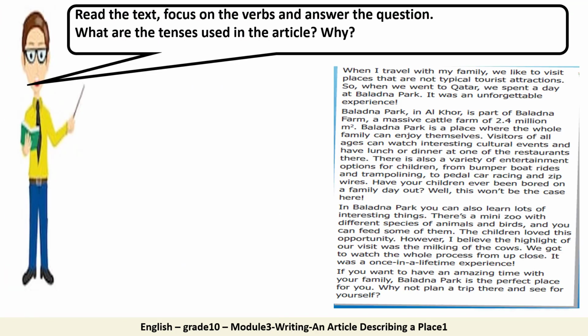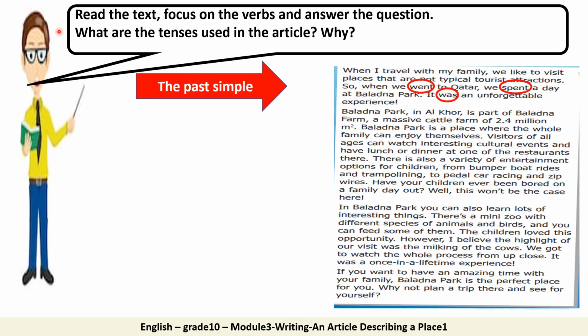Read the text again, focus on the verbs and answer the question. What are the tenses used in the article and why? Pause the video now. Let's share answers. Correct. The tense used is the past simple tense, for example, went, was, spent, loved, and got.